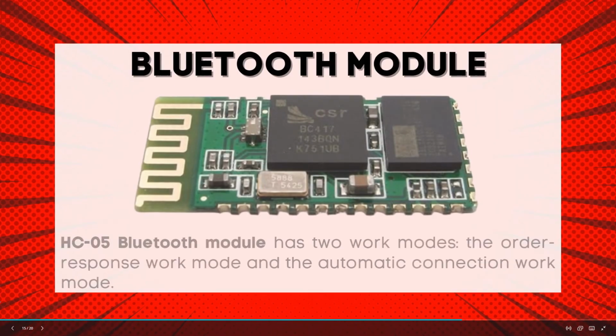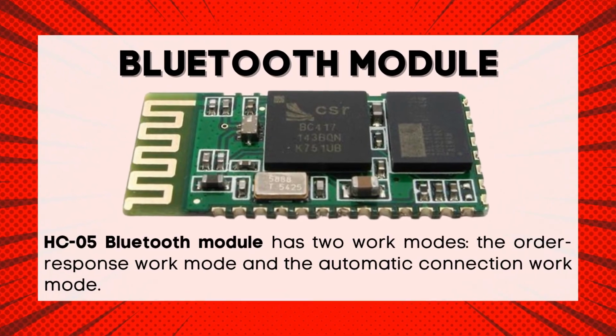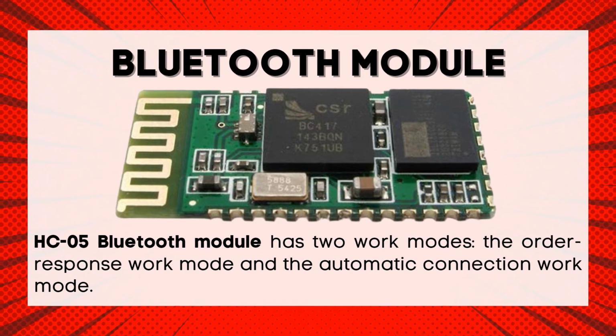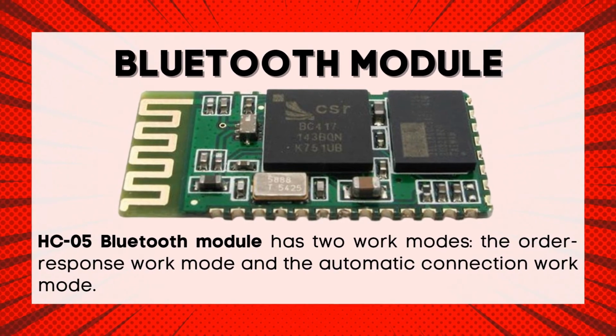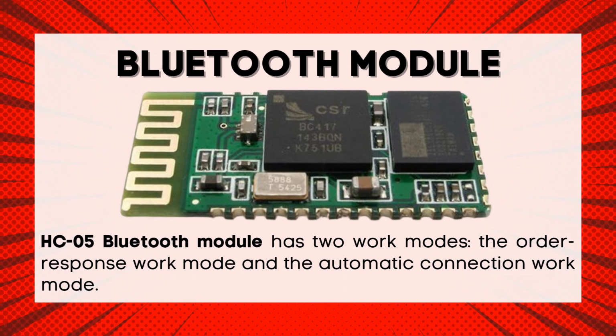Let's talk about the Bluetooth module. Usually, students, hobbyists, and other users of Arduino use the HC05. It is a cheap and common Bluetooth module that you can find in the market nowadays.